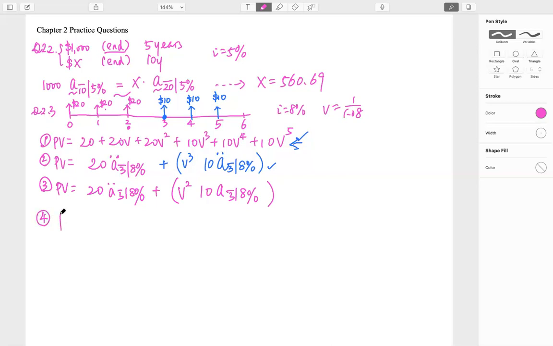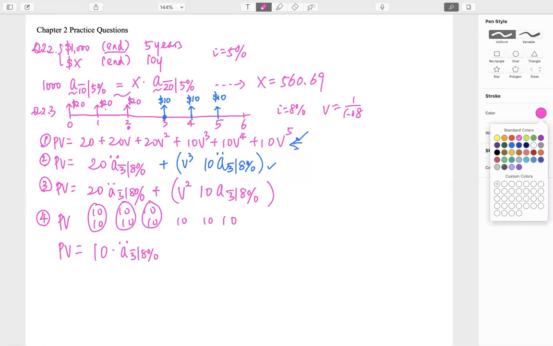The fourth method. What I do is I depackage $20. So I write $20 as this: 20, 20, 20, and then 10, 10, 10. So I write 20 as 10 plus 10. By writing this, what I have is an annuity due of 3 payments.